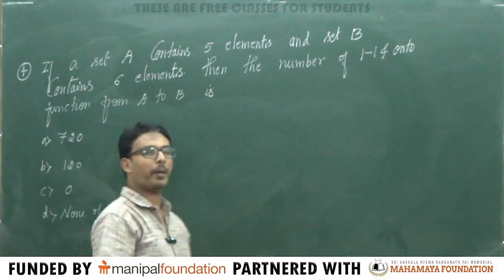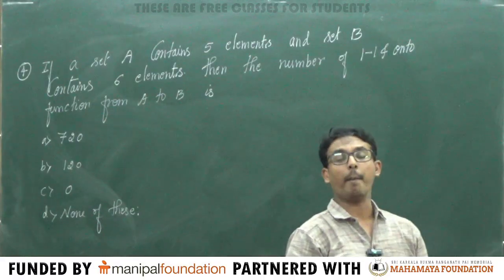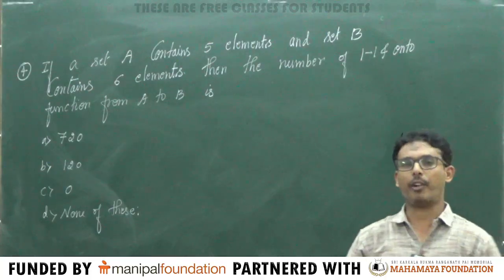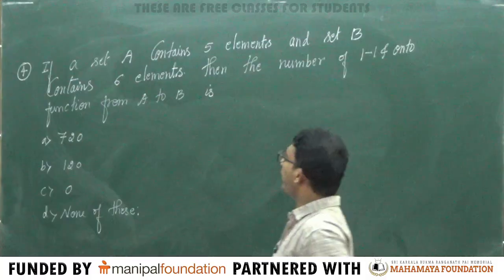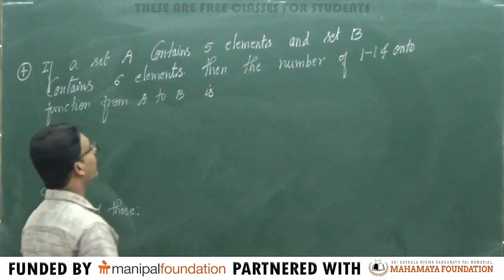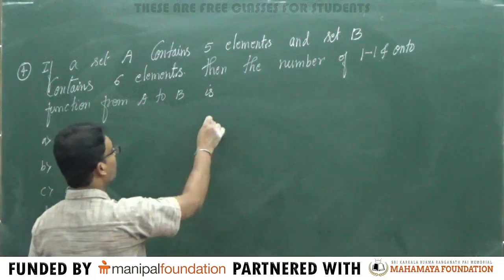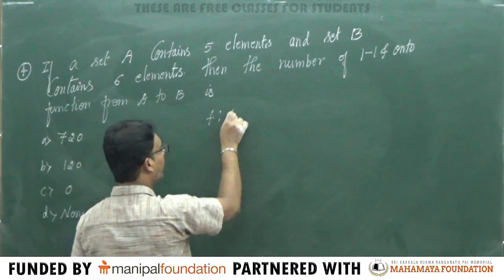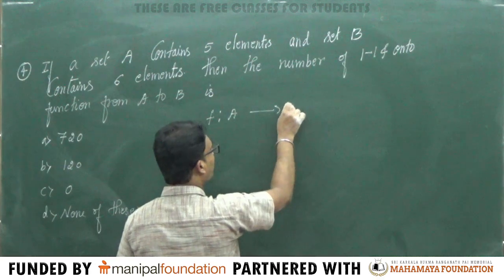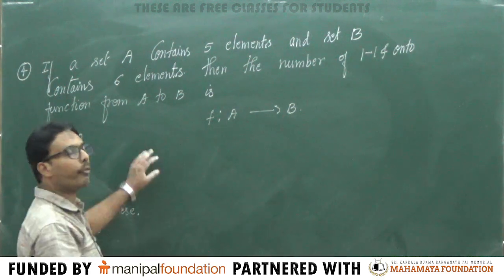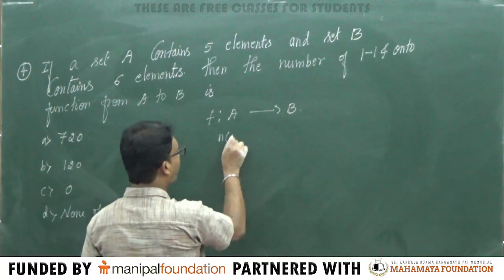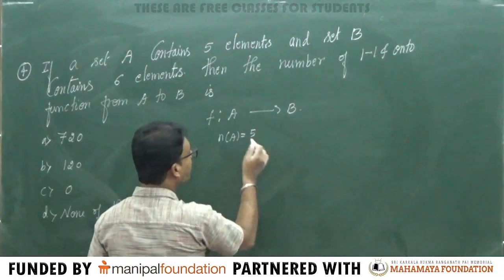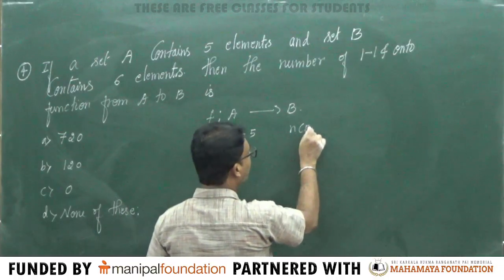So in this problem they were asking to find the number of bijective functions, meaning the function is both 1-1 and also onto. They have given the sets A and B. Let f be a function from the set A to B. The set A contains 5 elements and set B contains 6 elements.